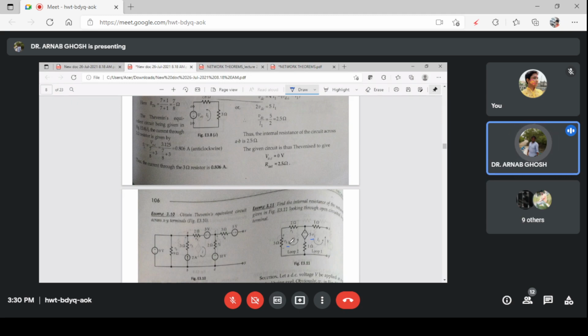Similarly, find the equation for this part of the circuit. For loop 2, you will get a relation between I1 and I2, and from that you can calculate. So first calculate the equations based on KVL.